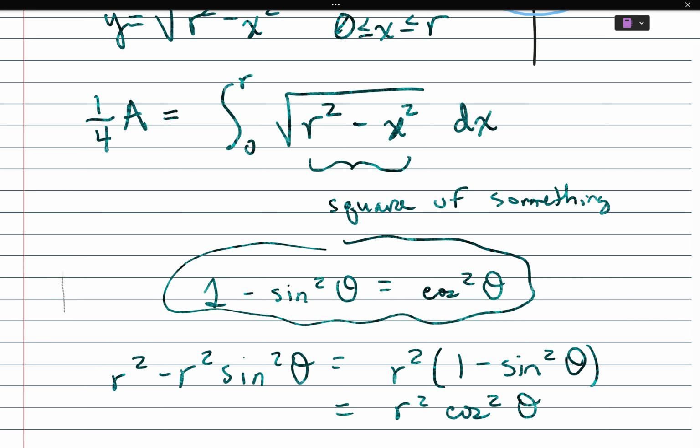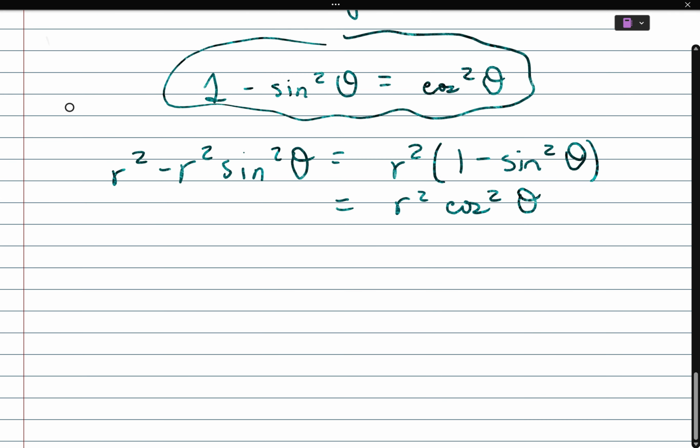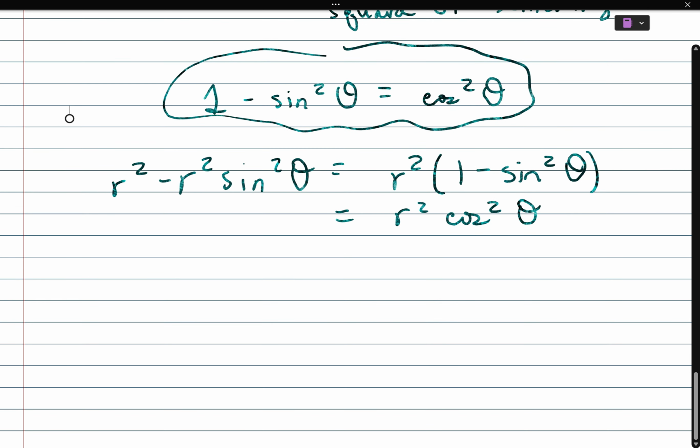Okay, so then we go ahead and make the substitution: x is equal to r sine theta.